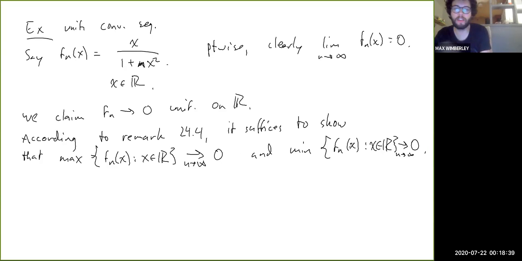Right, because if the max and the min go to 0, then the supremum of the absolute value of f_n of x will go to 0 too. In this case, for these functions, it does get achieved. So then we can sort of cheat and use calculus.